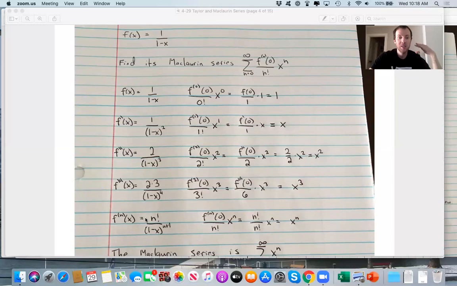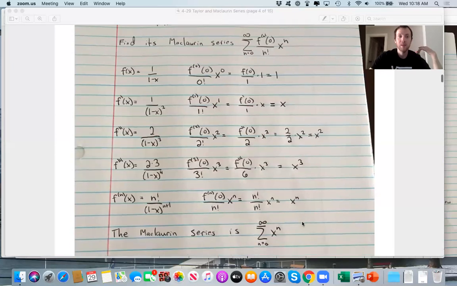And so if you evaluate this at 0, the bottom is always 1, the top is n factorial, the n factorials cancel, and so you're just left with x to the n. So what we can see is that if we use this formula, we get the series x to the n. And we were starting to see that show up if we looked at these specific terms. We had 1, x squared.